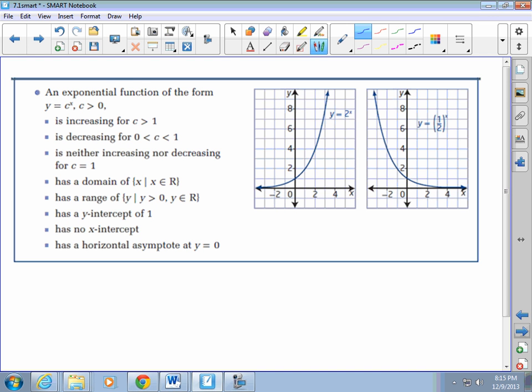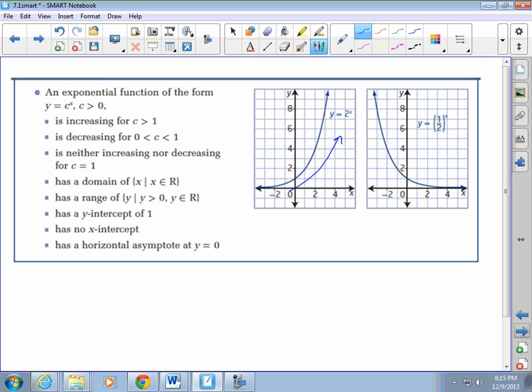So when c is greater than 0, so when it's a whole number basically, y will be increasing if c is greater than 1. Increasing means that it's getting larger going from left to right across your x-axis.